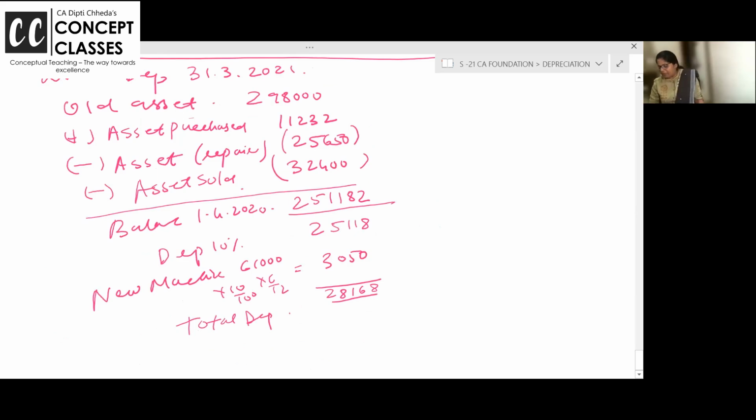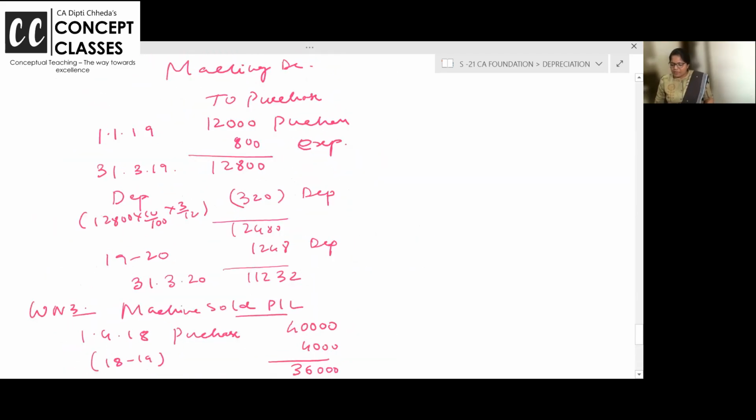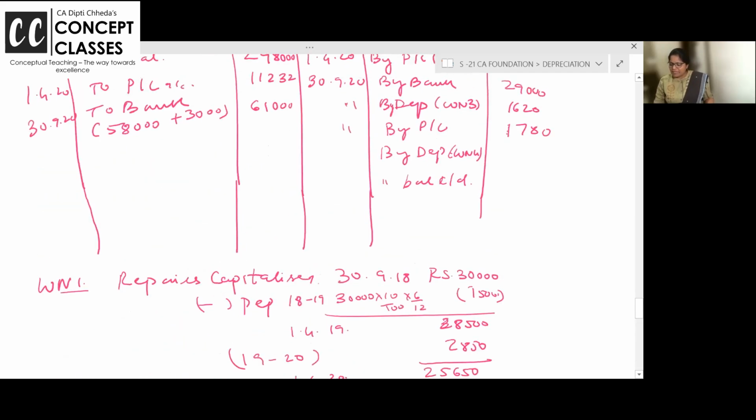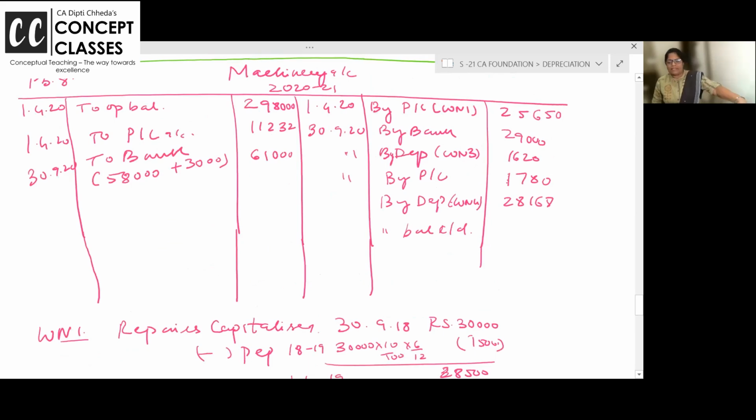2 minutes I am taking a pause. What new did you learn in this problem? If rectification of errors is there, rectify and then take it. So 28,168 we will write. And now you can balance. This is only 1 year, so no need to balance machine 1 and machine 2 separately. Why do we balance?